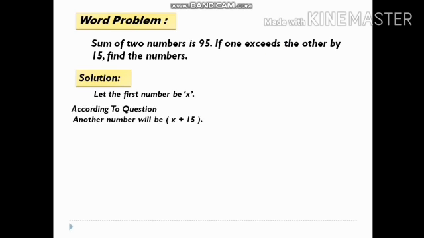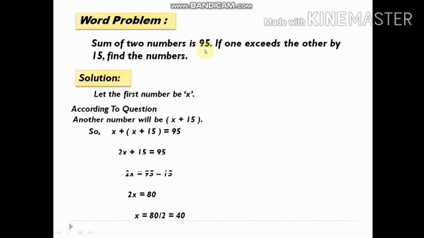So another number will be x plus 15. According to this question, sum of these numbers is 95. So then we will add these numbers and we will get x plus x plus 15 equal 95. In next step, we will add these like terms. This x add with this x, we will get 2x plus 15 equal 95.